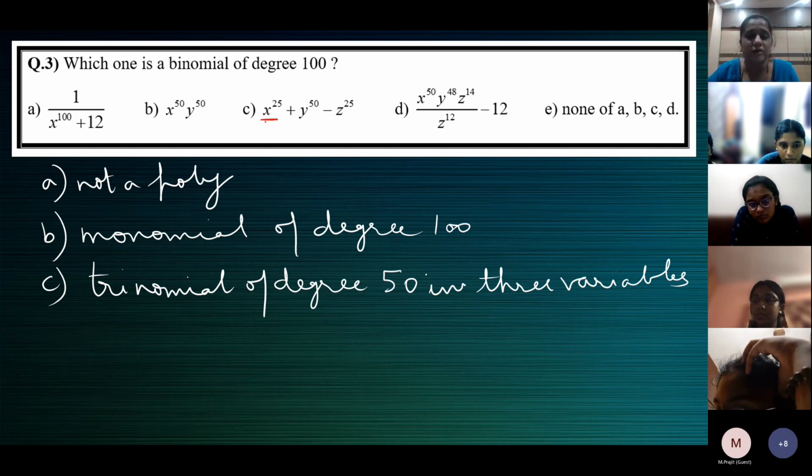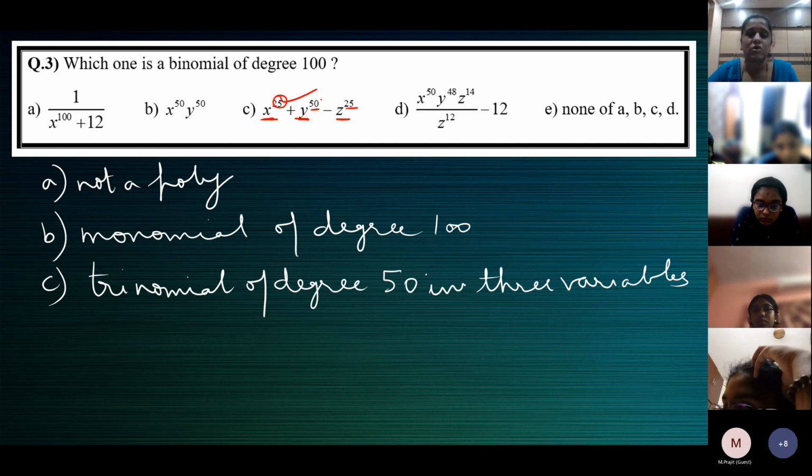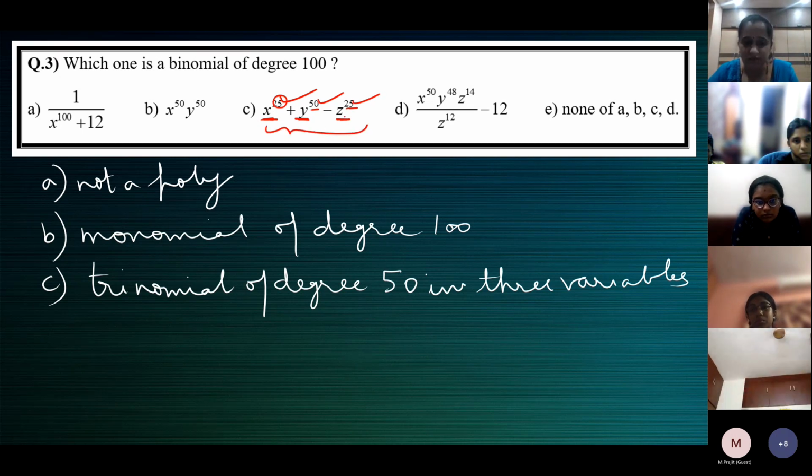Here, the variable X has power 25, a whole number, variable Y has power 50, a whole number, and variable Z has power 25, a whole number. So the powers are all whole numbers, and this expression is a polynomial because every variable has whole numbers as its powers.